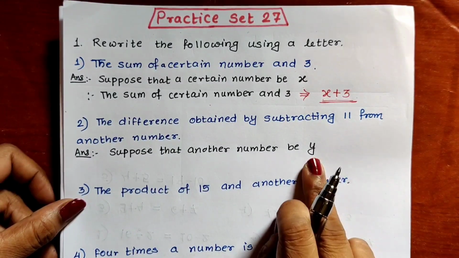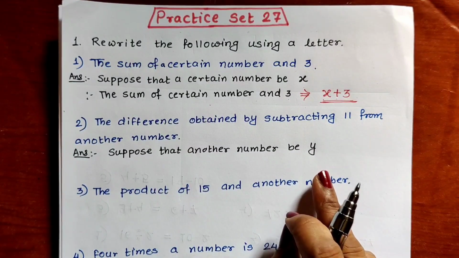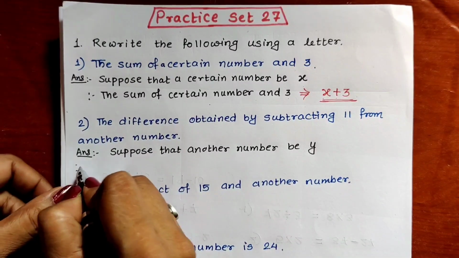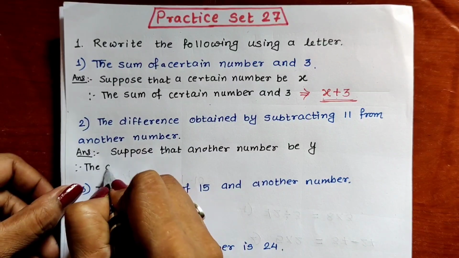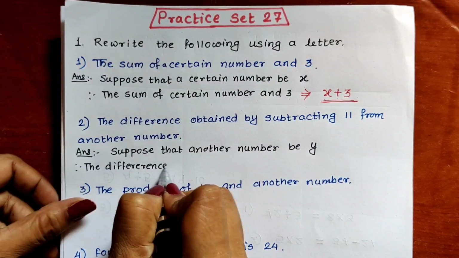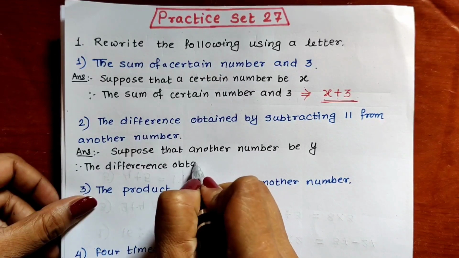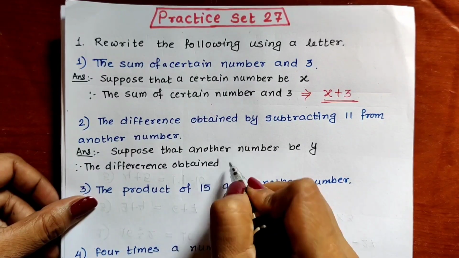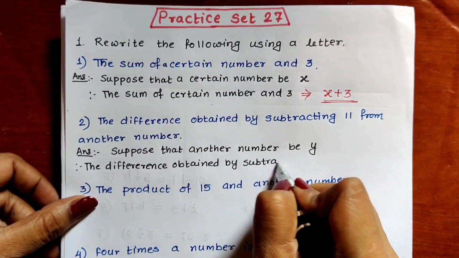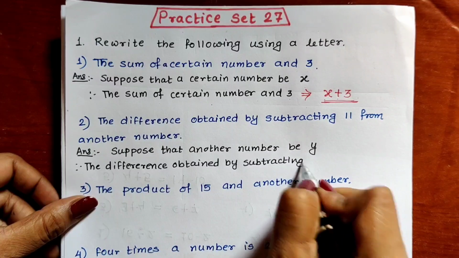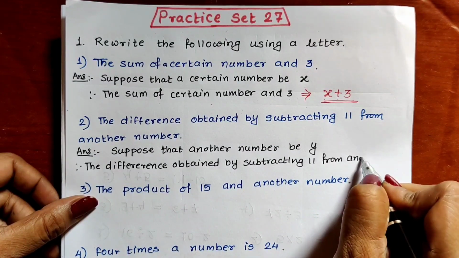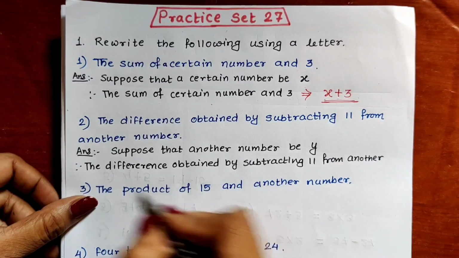You can write any letter. It is not necessary that you write x, y. You can write any letter. Okay. Therefore, the difference obtained by subtracting 11 from another number.